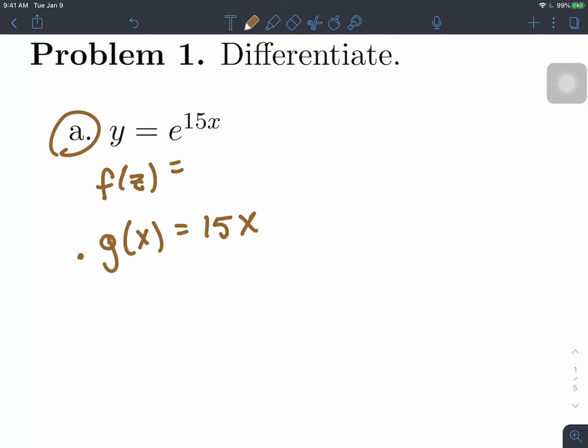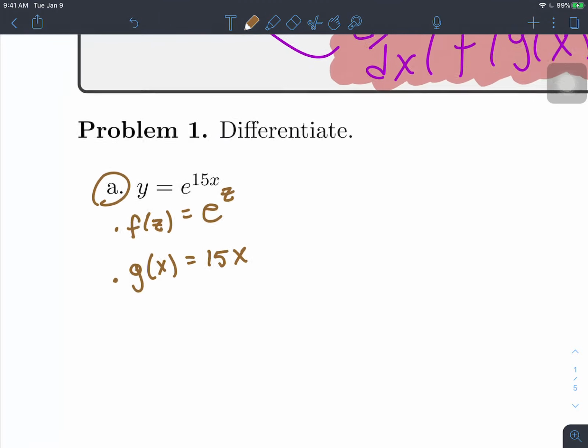Yeah, e to the z. If I have these two functions, f and g, and I plug g of x into e to the z for z, I get e to the 15x. All right, step 1 complete.